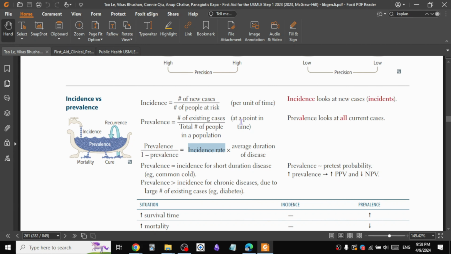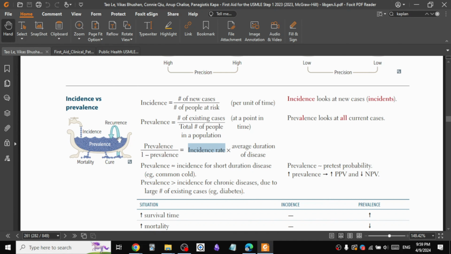So right now, what is the prevalence of a disease? This is the prevalence. What is incidence? Incidence is the number of new cases, the additional number of cases being added to the prevalence. So I'm not going to take the entire population.